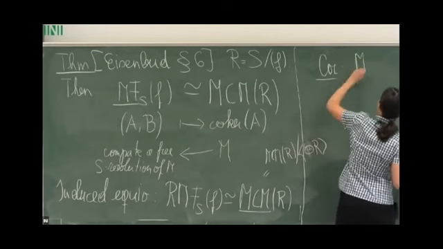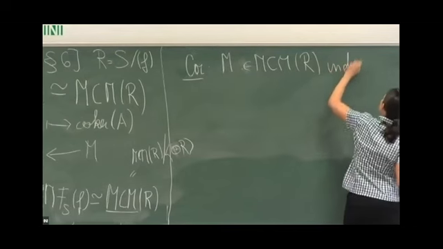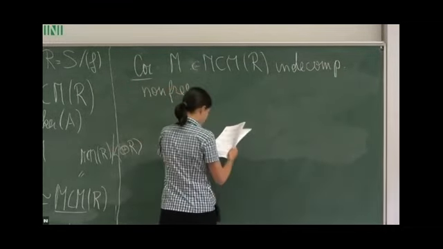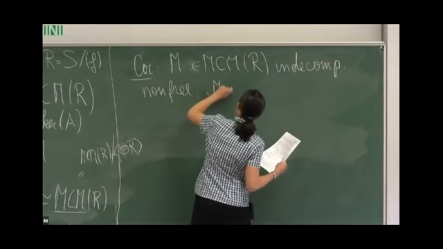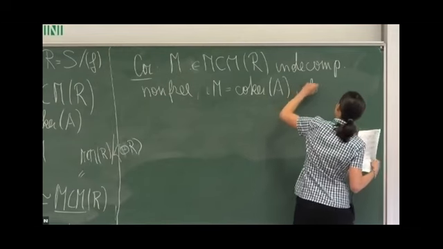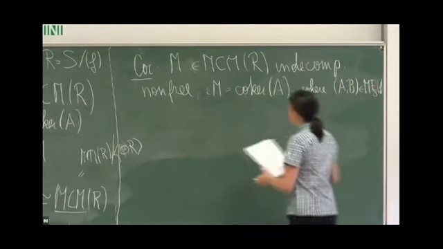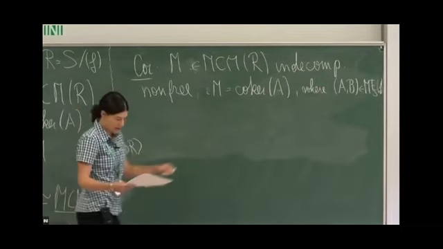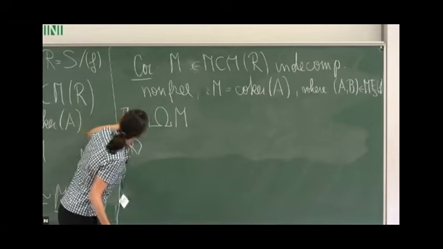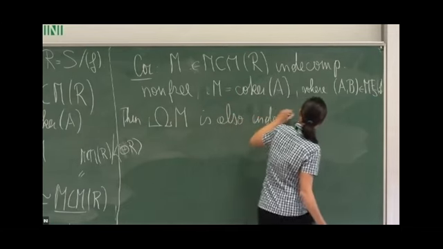If we have M in MCM of R, and we assume that M is indecomposable and also non-free, and M is the cokernel of the matrix A, where A, B is the matrix factorization of F, then I can compute the syzygy of M, which I denote by omega M. Then omega M is also indecomposable and non-free.